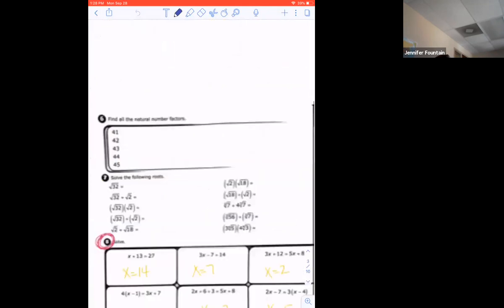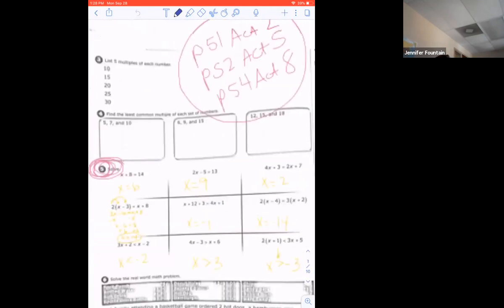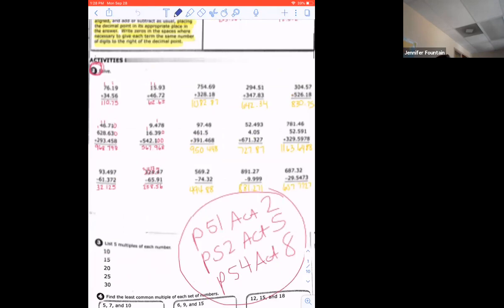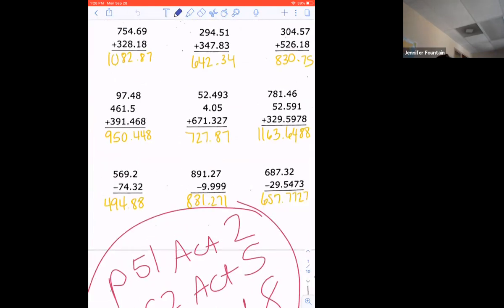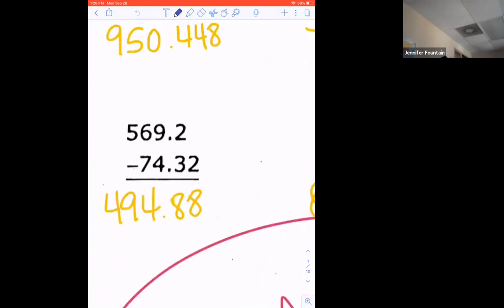Wasn't multiplication, that's going to be subtraction.